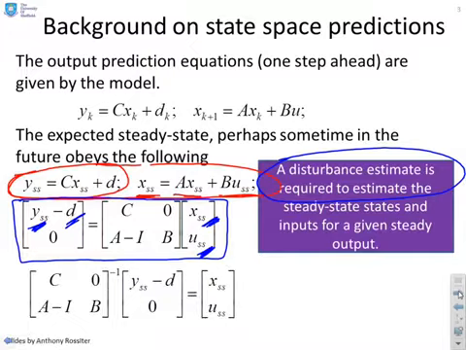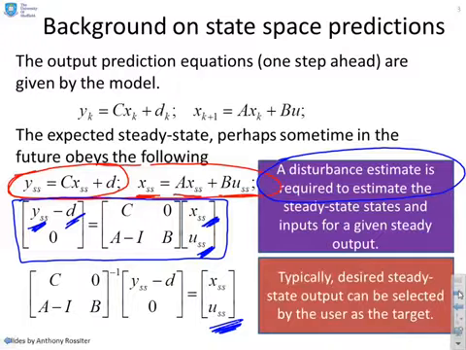Now, having got these consistency equations, you can basically invert the matrix and you find that the steady state and input depend upon the steady state output and disturbance, and you've got a very clean relationship there. The other thing you might want to notice finally is the steady state output is usually a value that you can choose.